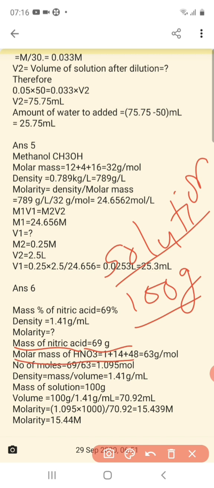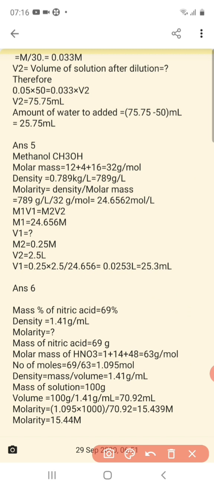Now find out the molar mass of nitric acid, that is 1 plus 14 plus 48, which gives you 63 grams per mole. Now calculate the number of moles of nitric acid present in 100 gram of solution.